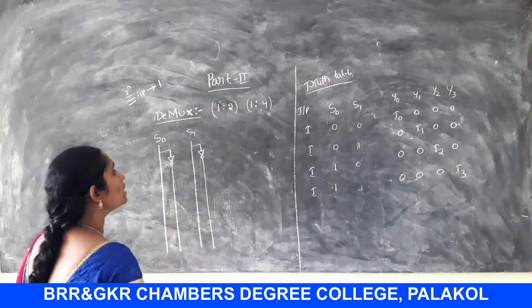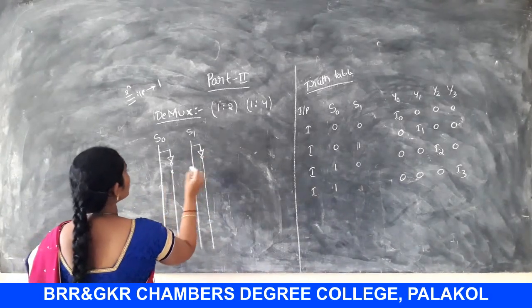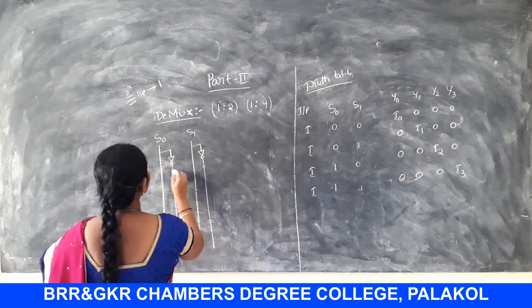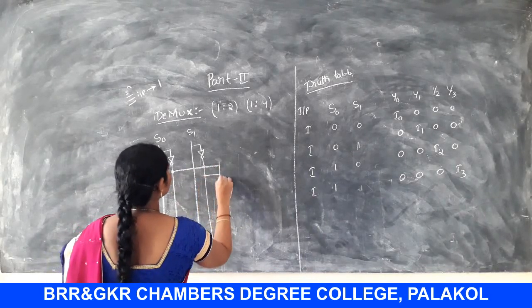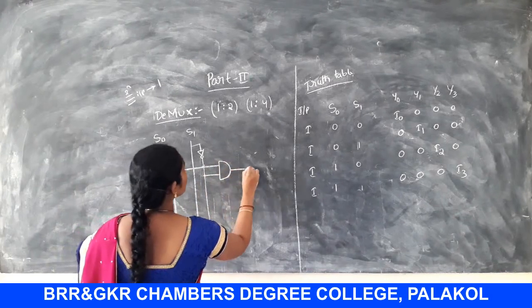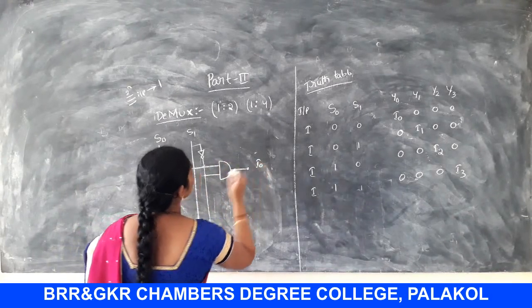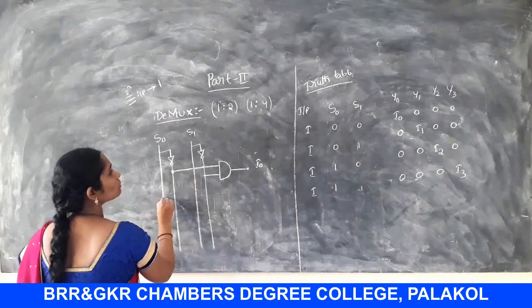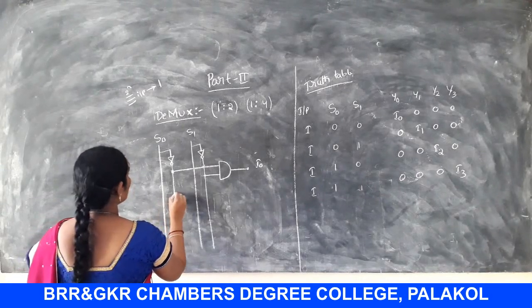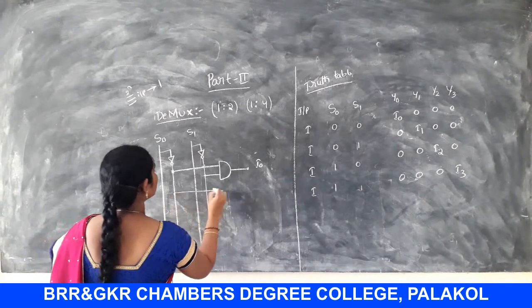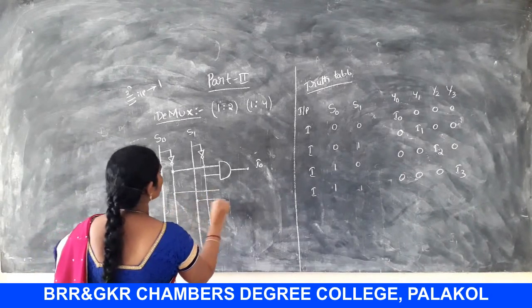The first one is 0 0, so this is 0 and this is also 0, and it produces the output I0. The next one is I1, that means 0 1.